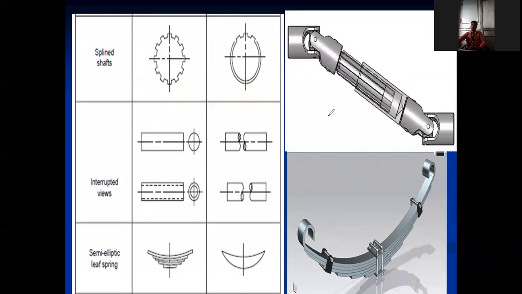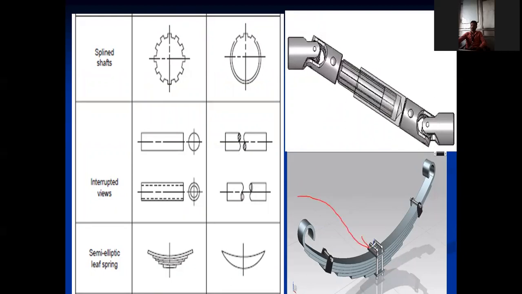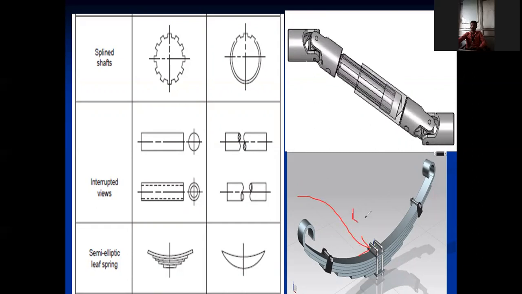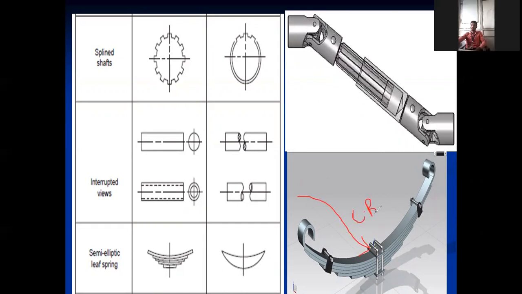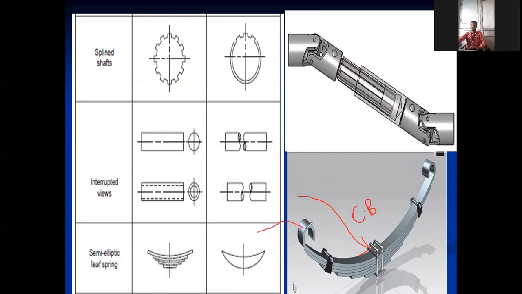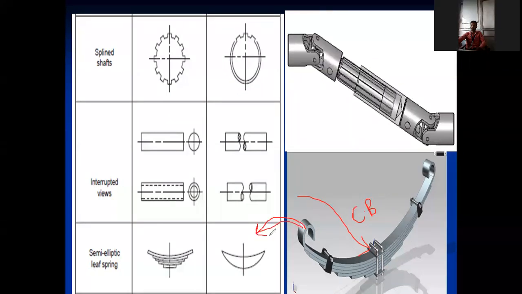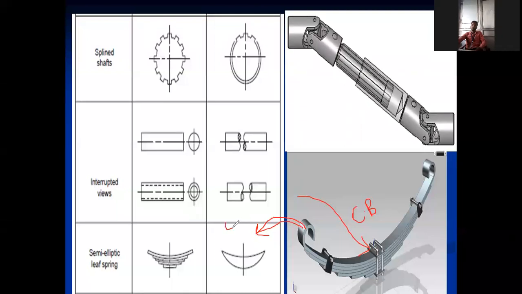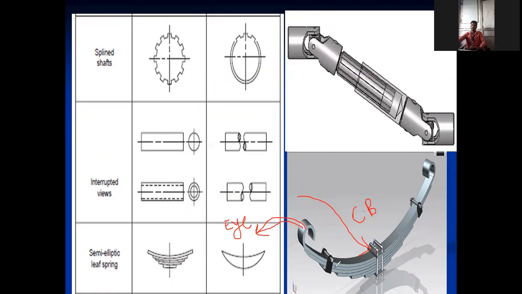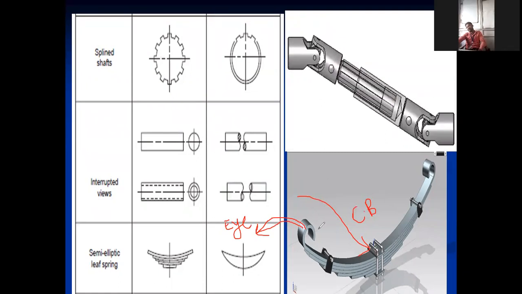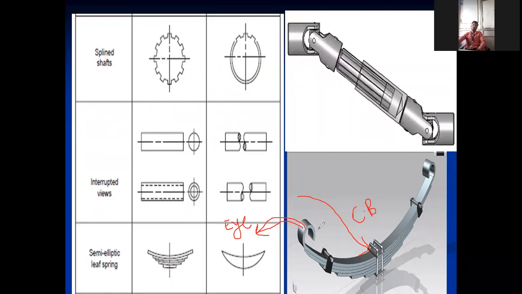Number one is called the center band, CB in short. And the structure where it is clamped to the body of the automobile is called the eye. These are the two things related to leaf spring.